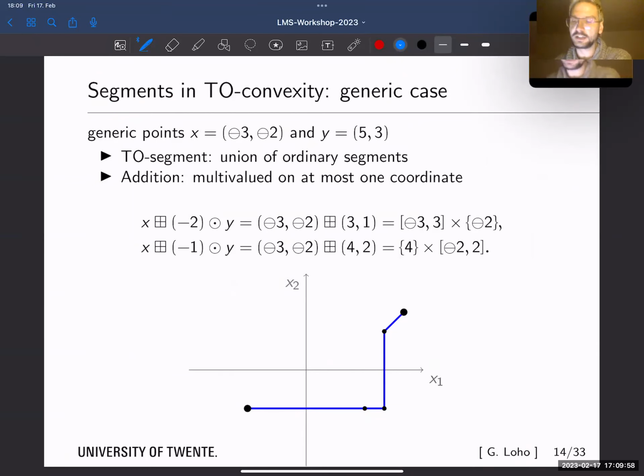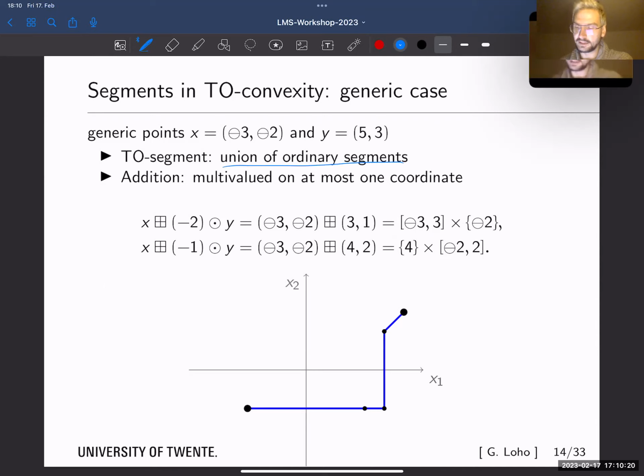What happens here? If you have generic points, then it looks a lot like the tropical line segments in one orthant, just extended in a very natural way. Tropical line segments in one orthant are already the union of ordinary segments.